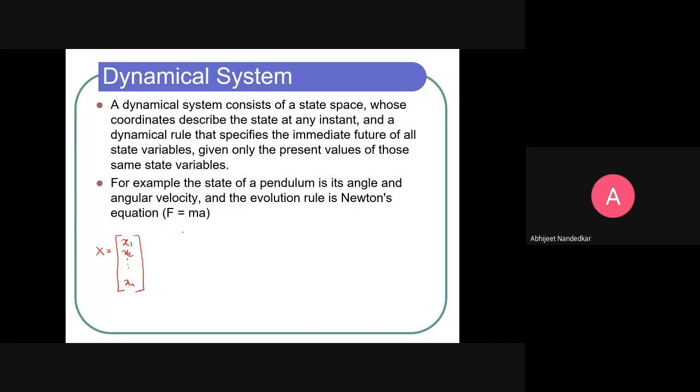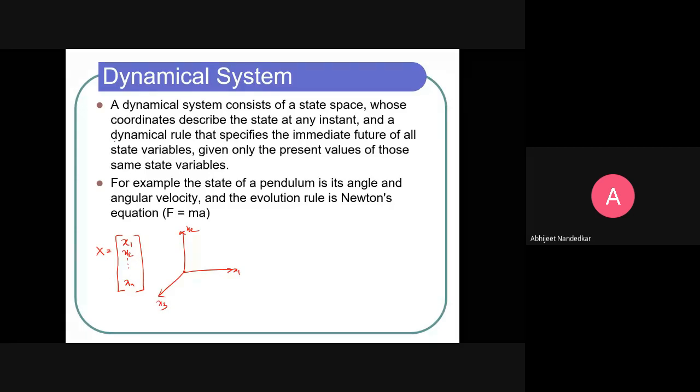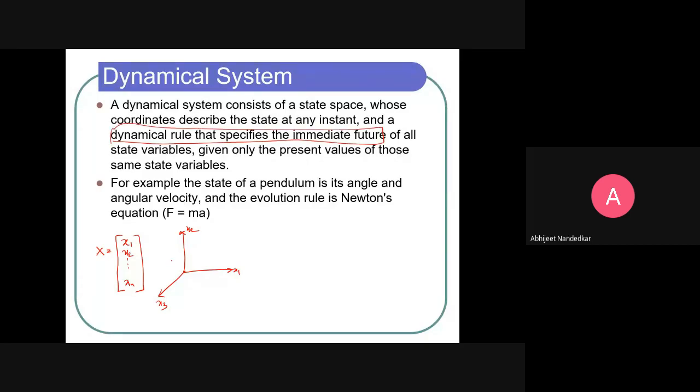Suppose I take a 3D case, then x1, then x2, and maybe x3. That will form the state space. Now, there is a certain dynamical rule that specifies the immediate future of all variables. Suppose I am standing here. So this is some point P defined by some x1, x2, x3.